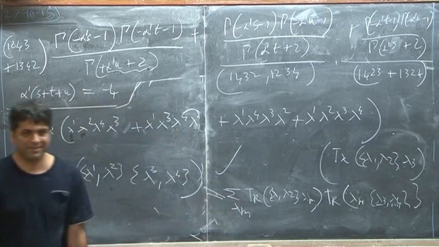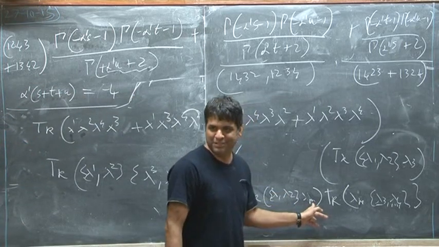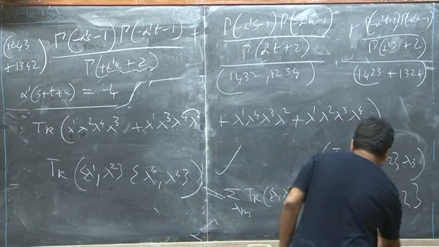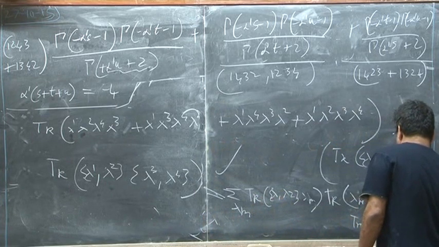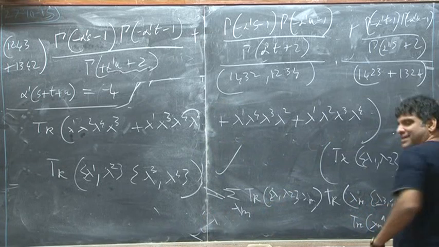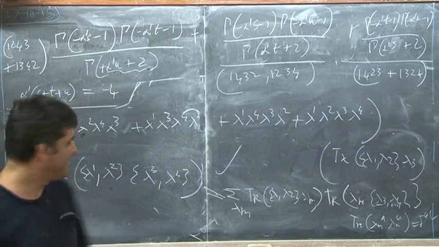This should be equal only when you correctly normalize lambda middle, so that trace lambda m a lambda m b is equal to delta ab, the canonical normalization for states.